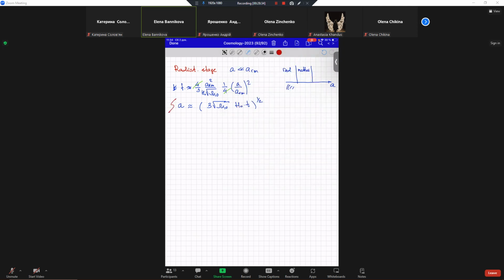So this is the expression which connects the scale factor and the time on the radiative stage, when radiation is much more powerful and has much more energy density than matter and dark energy. And we can see that for this a is proportional to the square root of T. So we can put here that the scale factor is proportional like this.